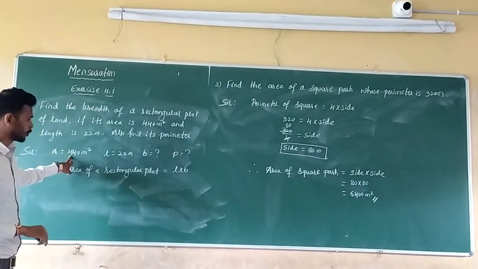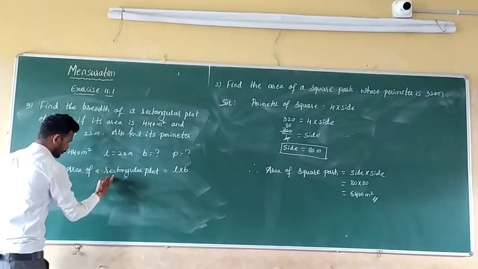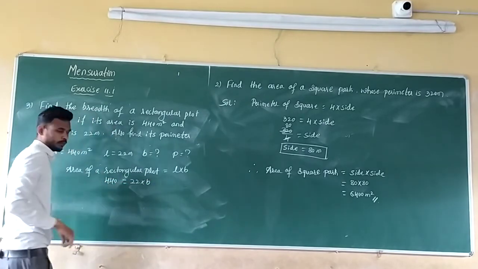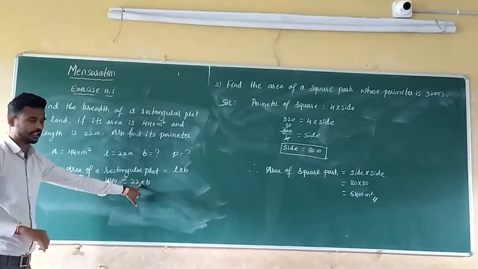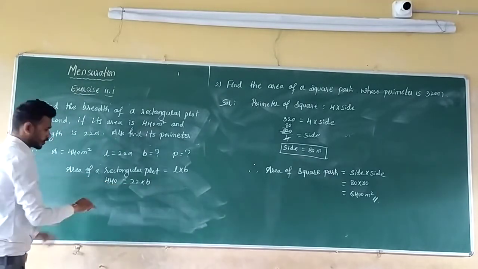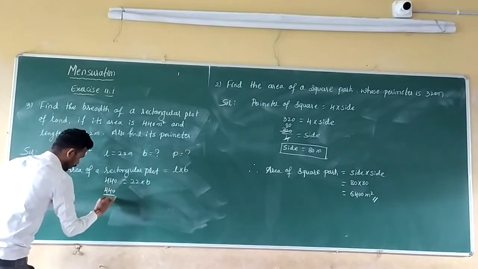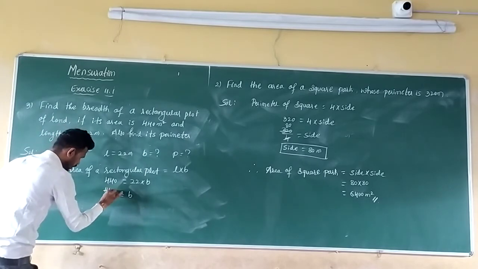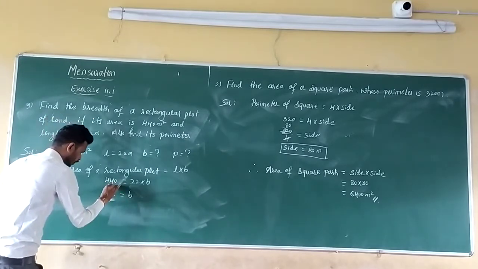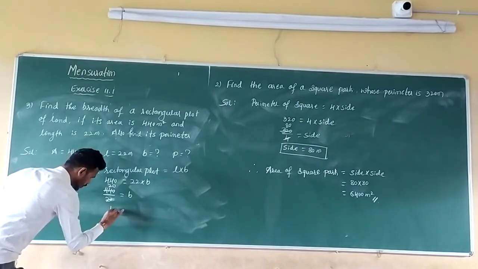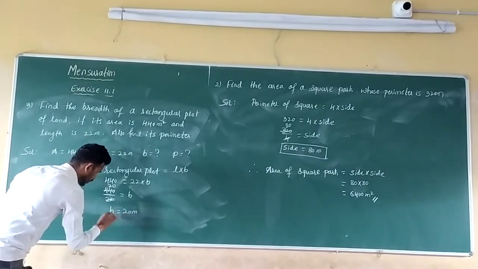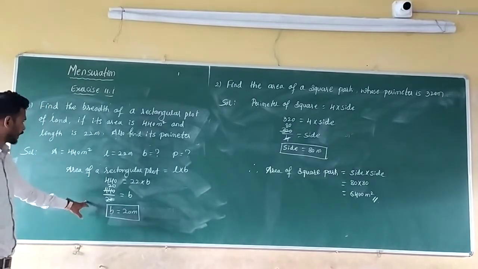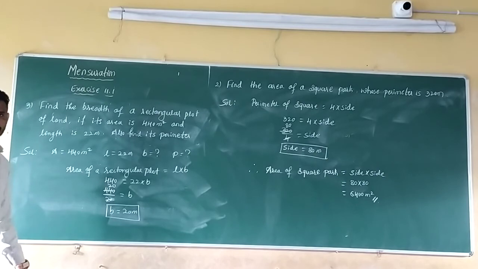So area they have given is 440, which is equal to length 22 into b. Here 22 is multiplication, if you take it to the other side that will become division. So 440 divided by 22 is equal to b. So 22 ones are 22, 22 twos are 44 and 0. That means breadth is equal to 20 meter. So breadth of the rectangular plot is 20 meter.